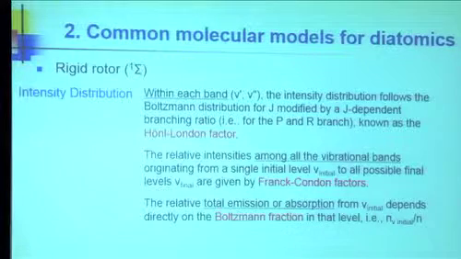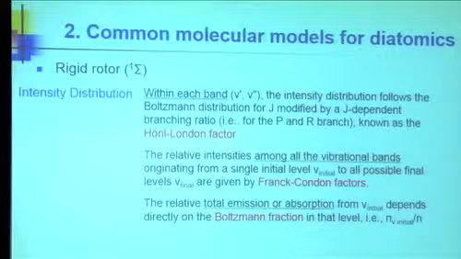And the correction to that is called the Hönl-London factor. And you'll see it. So there's a slight correction to my idea. It's the Boltzmann distribution with a multiplier. And these relative intensities between the candidate vibrational bands, we're going to get that through what's called the Franck-Condon factor. And we'll see how that's defined. But the main thing is the Boltzmann distribution that tells us how the states are populated.